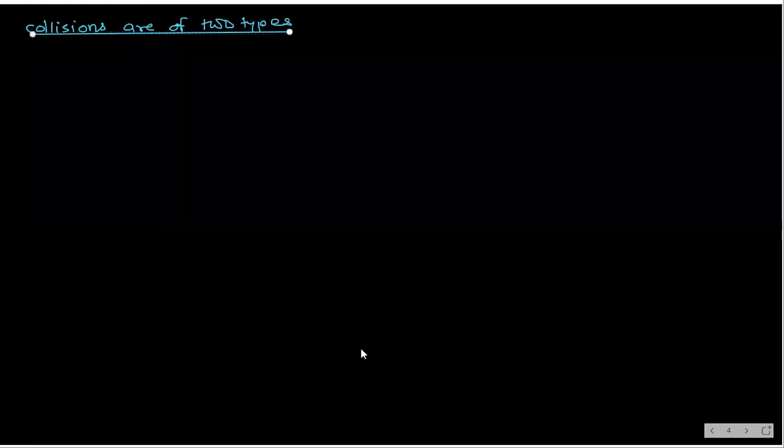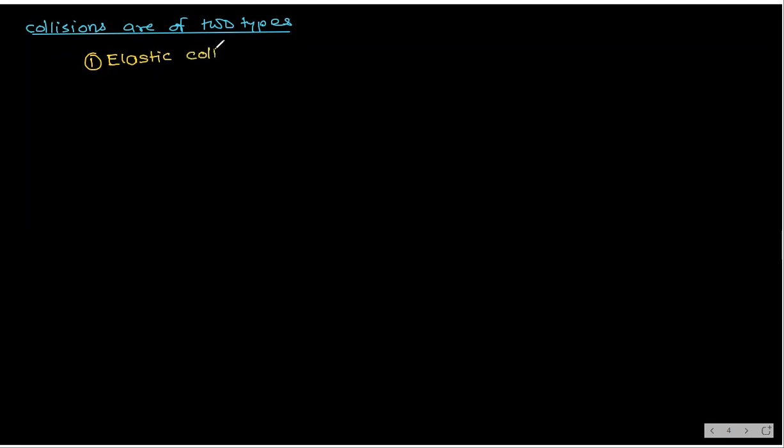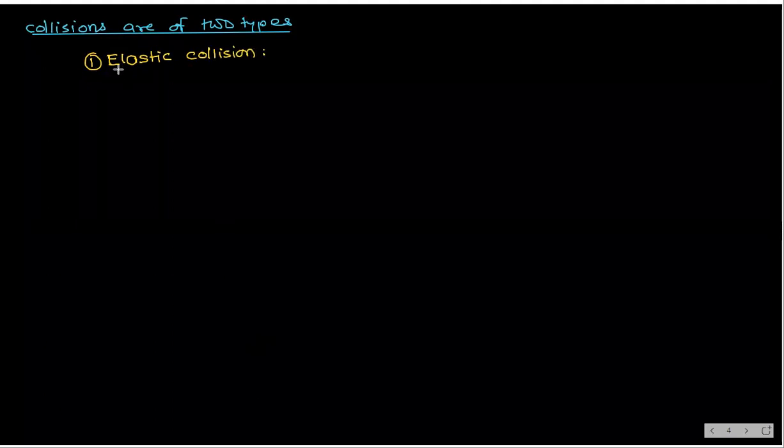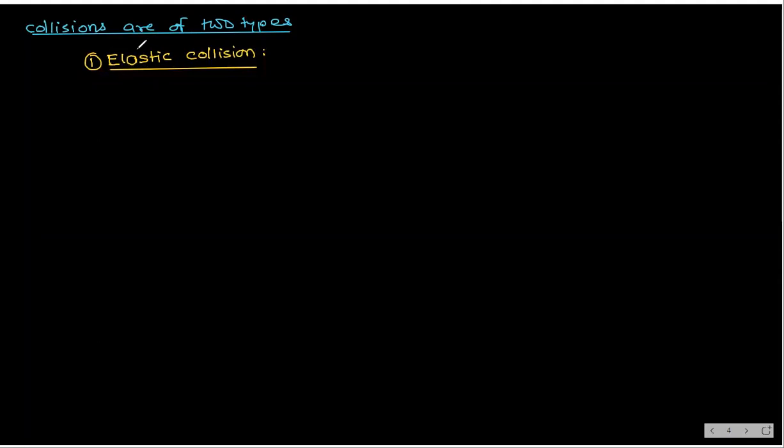First one is elastic collision. This is very important. You have to write this, and that too carefully, because sometimes you may make a mistake here. You may confuse elastic and non-elastic, or inelastic we can say. Yes, no. So you listen carefully.